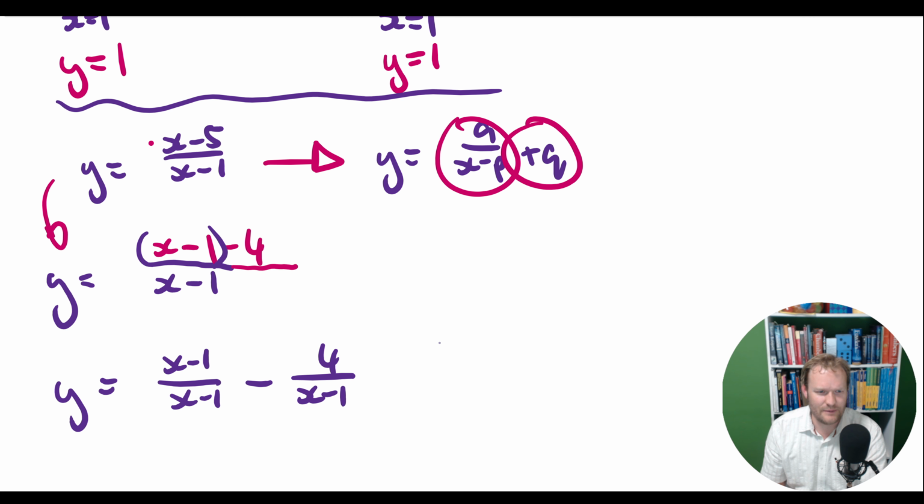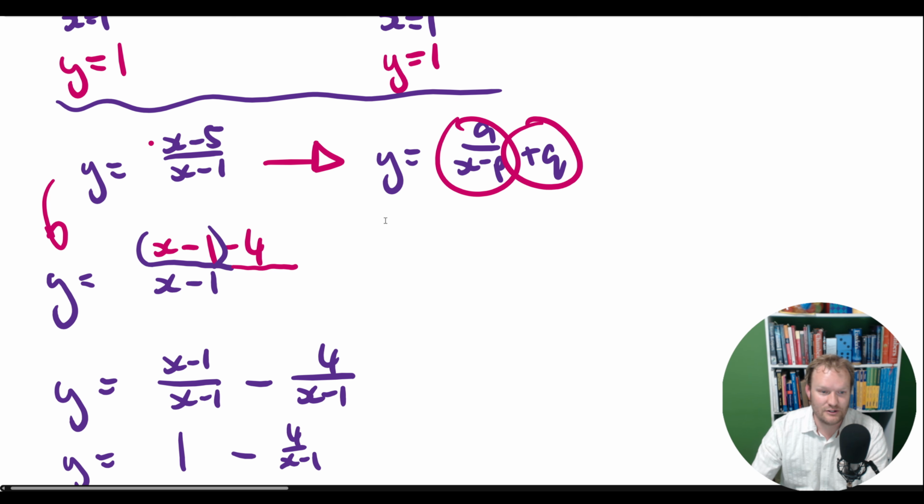Pause and just check that you're happy with that idea: the denominator is the same. Instead of turning two fractions into one fraction, we've done the opposite and split that fraction. We've done it with a particular purpose in mind, because x minus 1 over x minus 1 is just 1, and this is minus 4 over x minus 1.